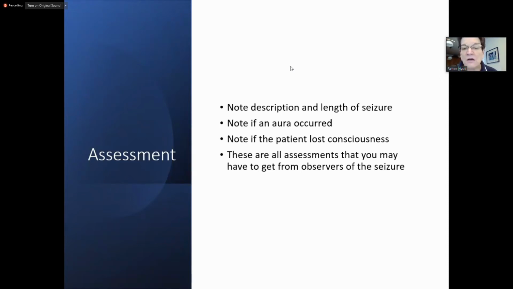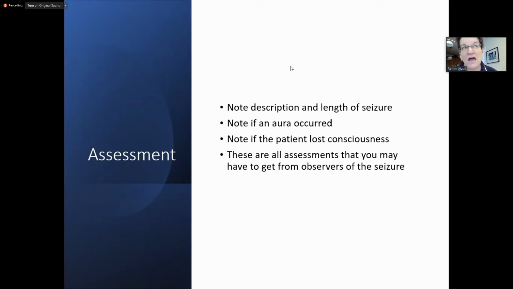When we're talking about assessment, we're going to want to note the description and the length of the seizure. One of the things I do is as soon as I notice that that patient has a seizure, I either start a stopwatch on my watch or I note the time because I want to know how long that seizure is lasting.